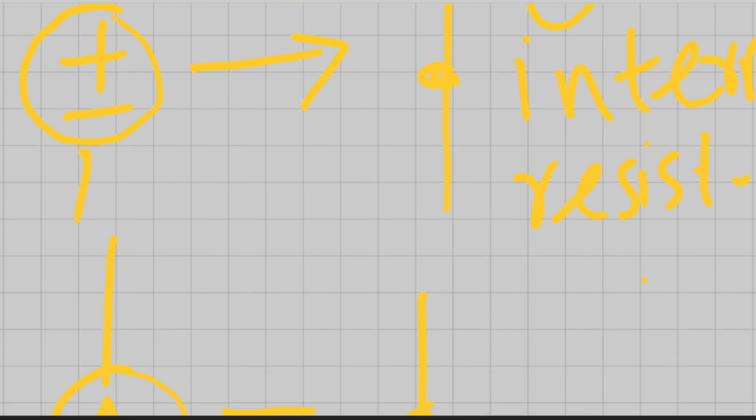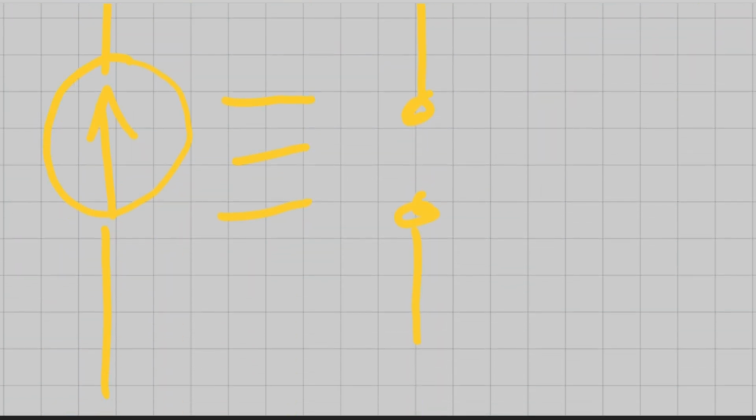And in case of a current source, we are replacing it with an open circuit, since a current source has infinite resistance. Current source always has infinite resistance. So to represent it, we replace it by an open circuit.